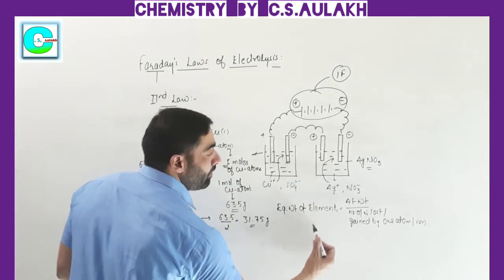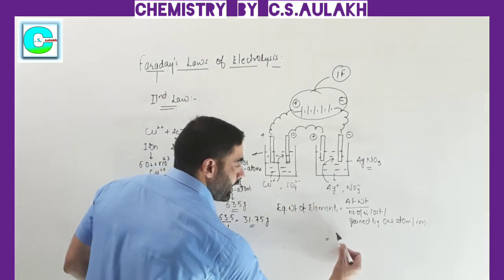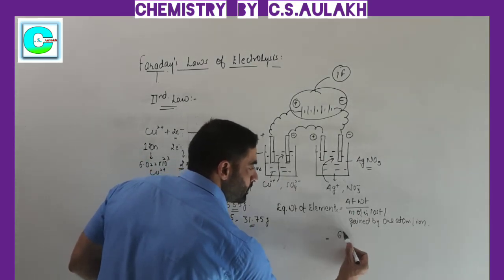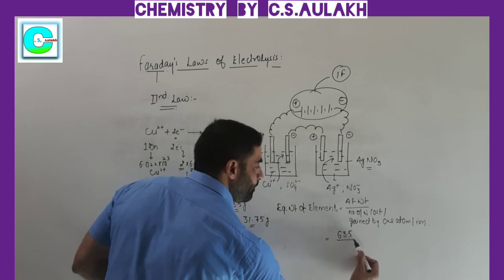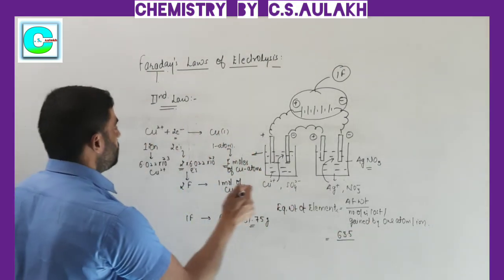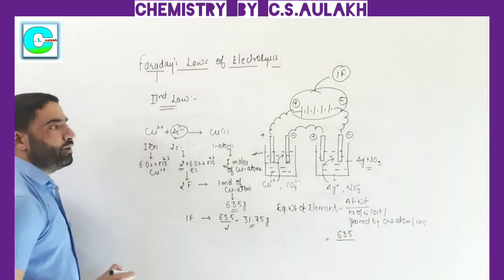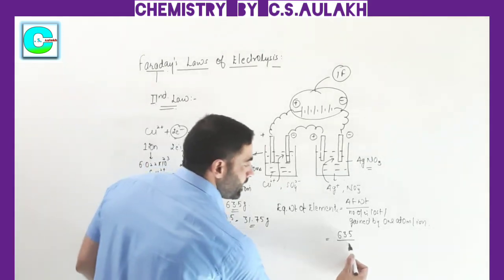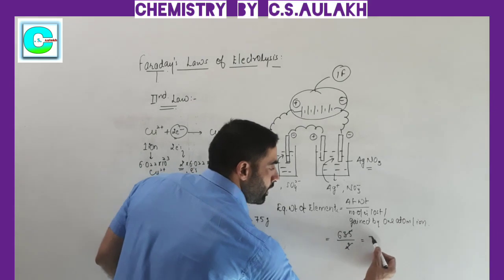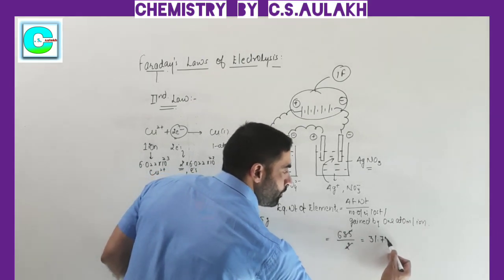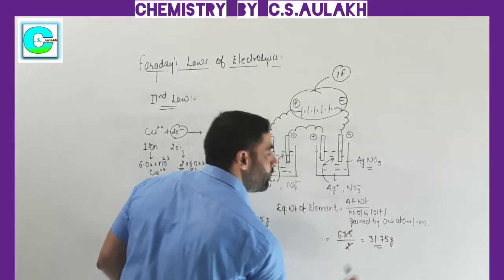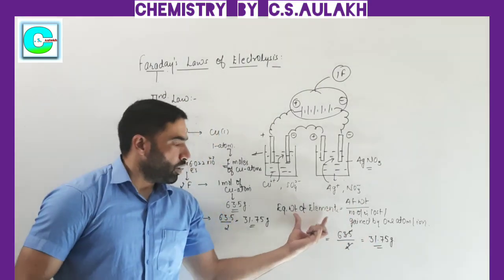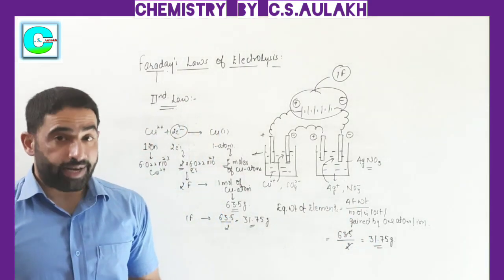For example, we have copper here, so the equivalent weight of copper is 63.5 divided by the number of electrons gained by copper after its deposition over the surface of the cathode, which is 2, so we divide this by 2. So here again 31.75 gram is obtained. So this is the equivalent weight of copper, which is also called 1 gram equivalent.